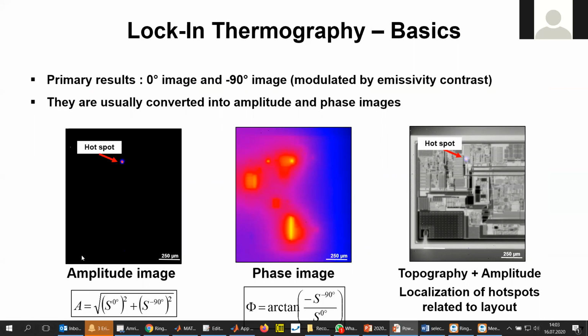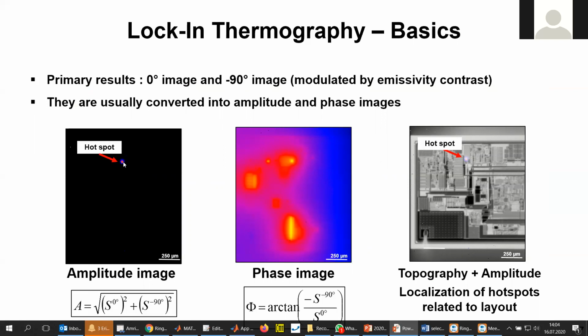From these two images, as I've shown before, we can compute the amplitude image and the phase image. The amplitude basically describes the similarity of our signal at a certain pixel with our excitation, and the phase describes the delay between the signal trace at a certain pixel and the excitation.